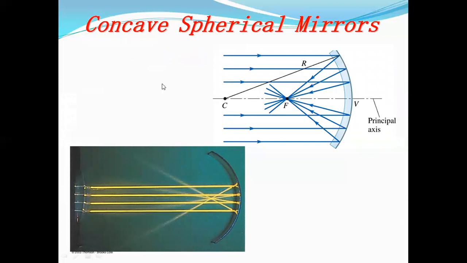Now I show you concave spherical mirrors. The definition of a concave mirror, or converging mirror, is a mirror that has a reflecting surface that bulges inward. So the inner surface, or concave surface, of a spherical mirror is called a concave mirror if it reflects light.